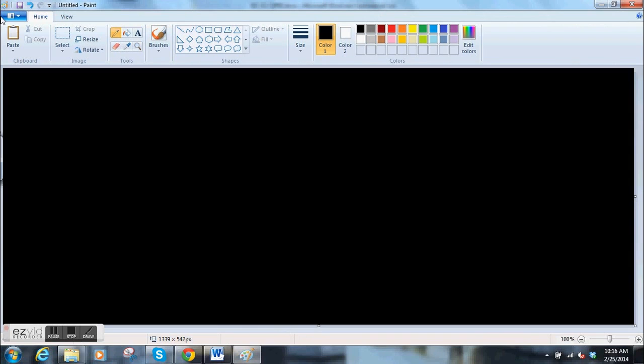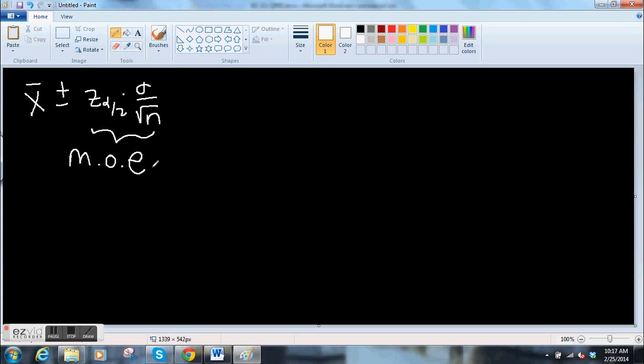I'm going to write this formula down again, although we don't really need the whole formula. X bar plus or minus z alpha over 2, that's the critical value, times sigma over the square root of n. This part here, that's the margin of error. We just looked at that. And they're saying we want to calculate this to within 5,000 units.